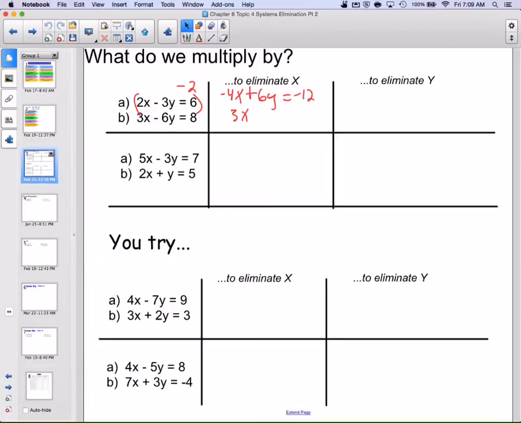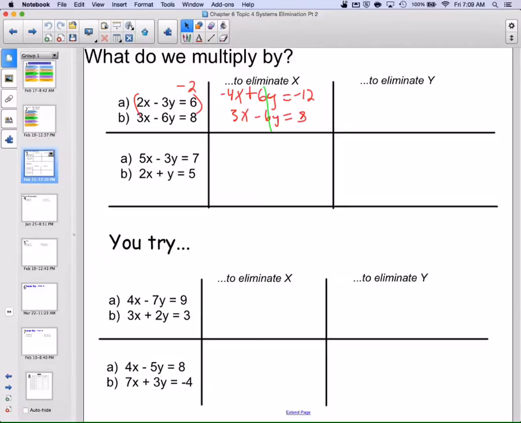The bottom's going to stay the same. Okay, and essentially this would allow me to get rid of my y's. Okay, and then you would just continue with the process.